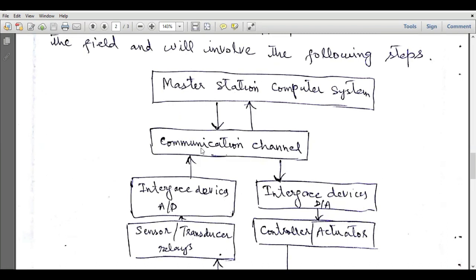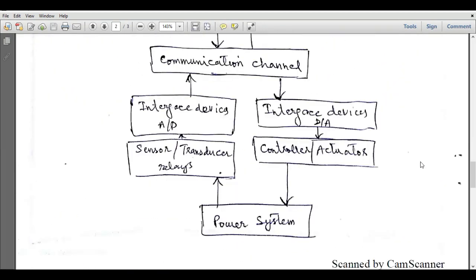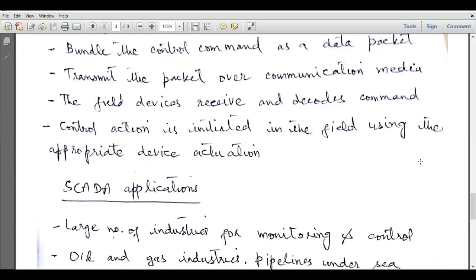So this is a bidirectional information exchange system which is implemented in SCADA, and this will give us the complete control and monitoring of the power system.